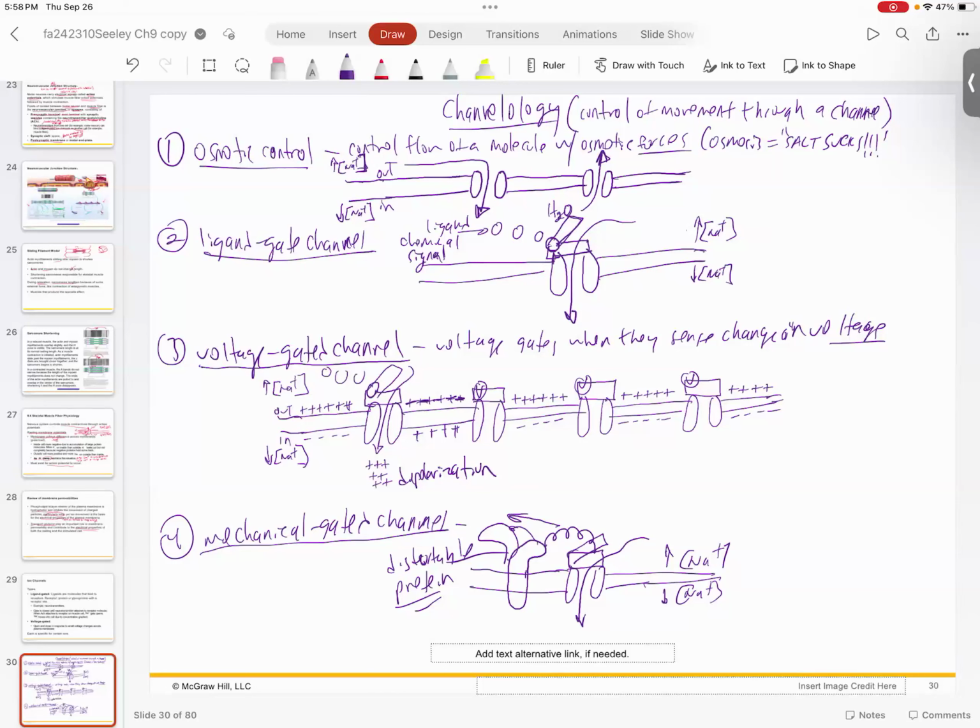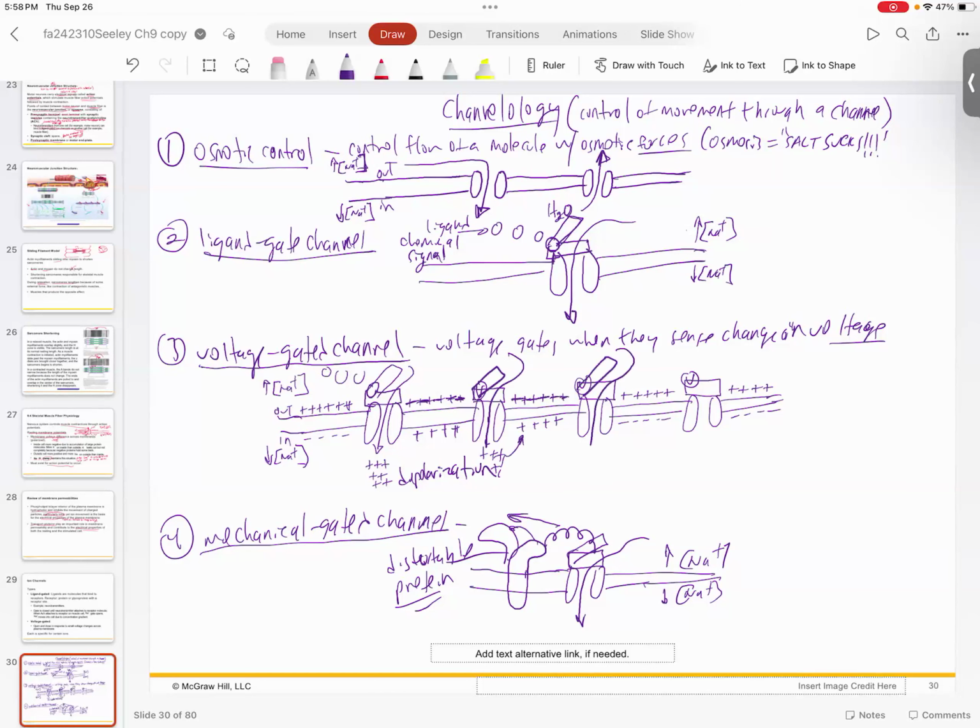Once that voltage flip is sensed by the voltage gate, it will pop the voltage gate open, which does what? It allows more sodium to rush in. So you get another wave of positive charge, which basically will depolarize the next membrane and flip that charge. That voltage change will then trip the next voltage gate to pop open. And what's going to happen?